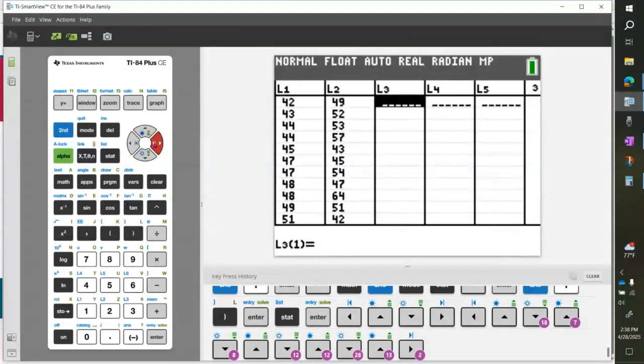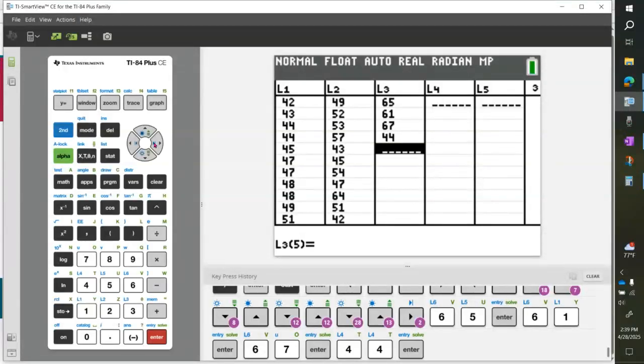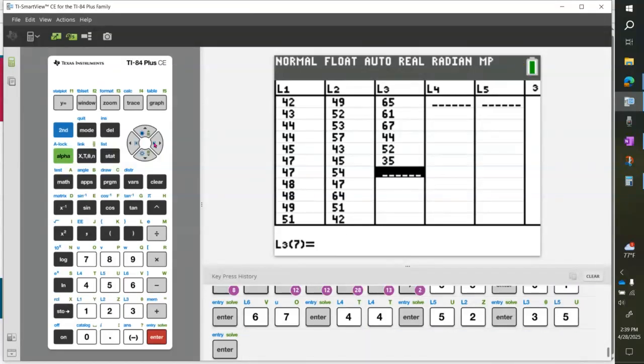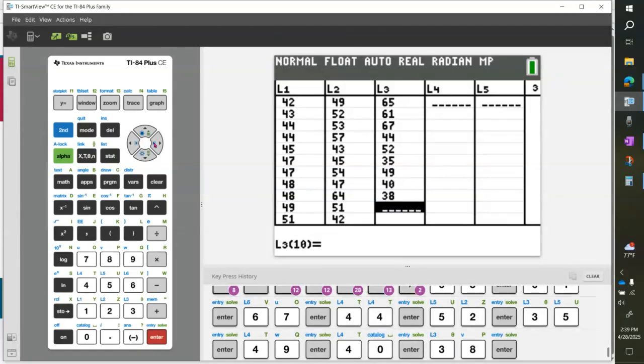I'm gonna enter those values. 65, 61, 67. That's the first column. And then 44, 52, 35, second column. 49, 40, 38. That's the third column.